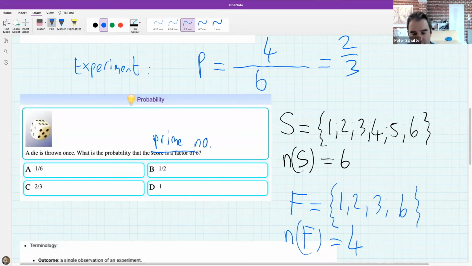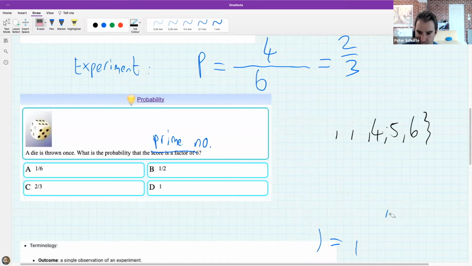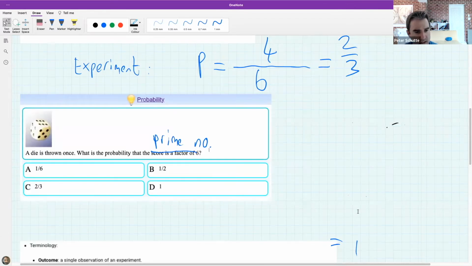I want you to think about what we've just done and choose the option that you think is the right answer. What is the probability that the score is a prime number? Now, if you're rolling a dice, will the number of possible outcomes change? Will the number of favorable outcomes change?